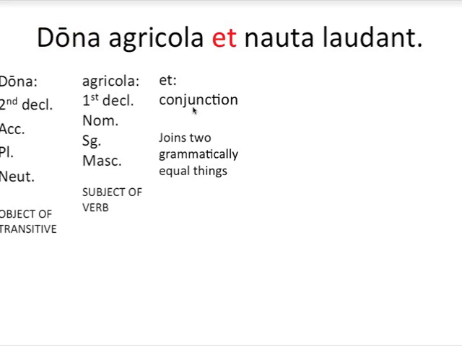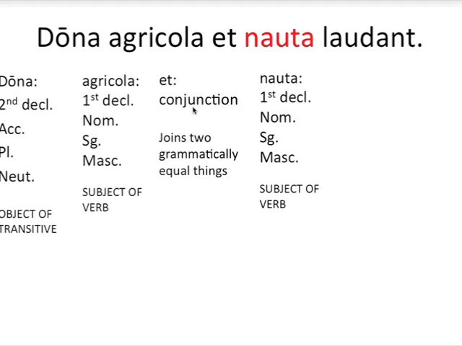Et is a conjunction, joins two grammatically equal things. Nauta is a first declension nominative singular masculine noun. So now we have two nominatives joined together by et. This makes a plural subject, right? A compound subject. Right? The dog and I, that's plural.